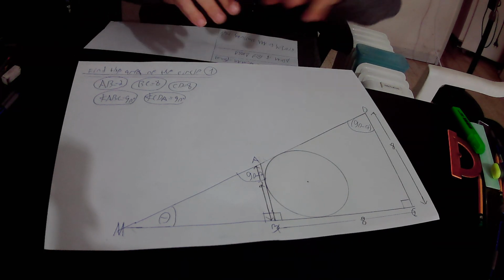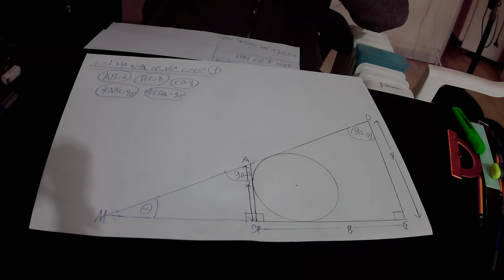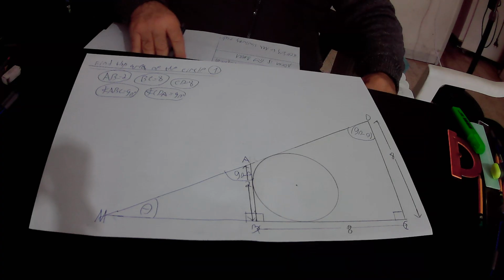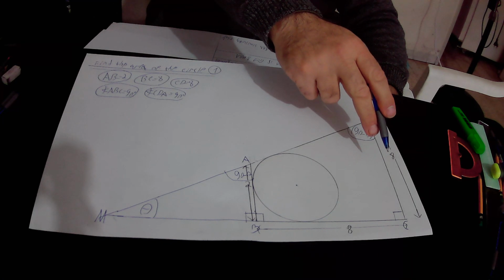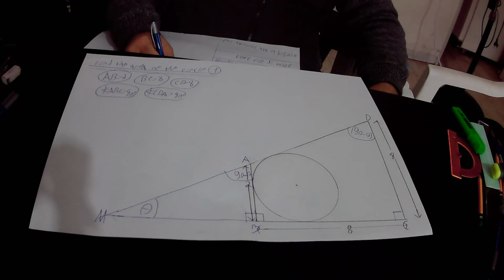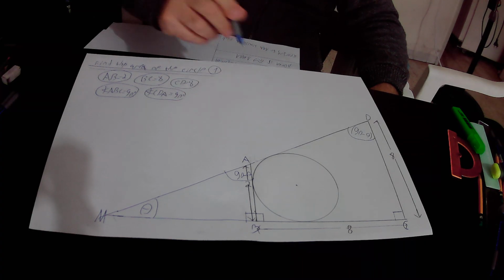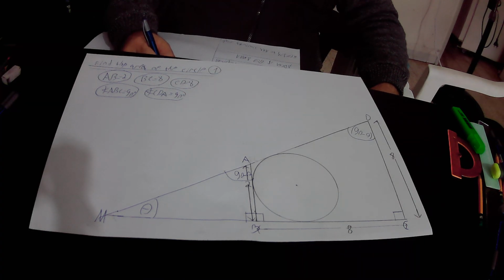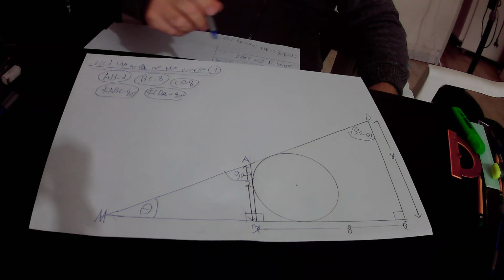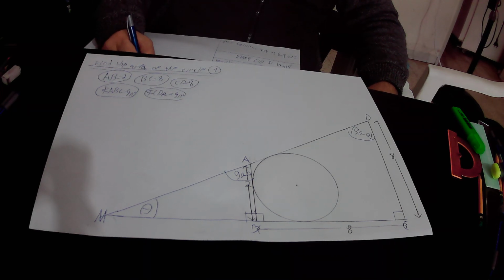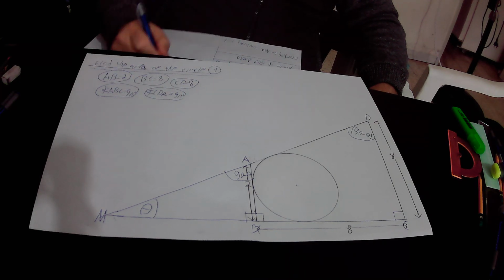And for the fact that those two right triangles are similar to each other, we derive that the following relationship exists between their sides. We derive that side DC in the big right triangle DCM over side AB in the small right triangle MBA equals side CM in the big right triangle DCM over side BM in the small right triangle MBA.